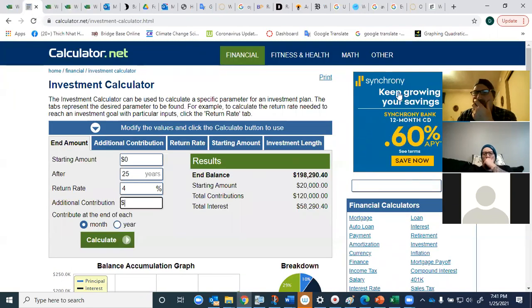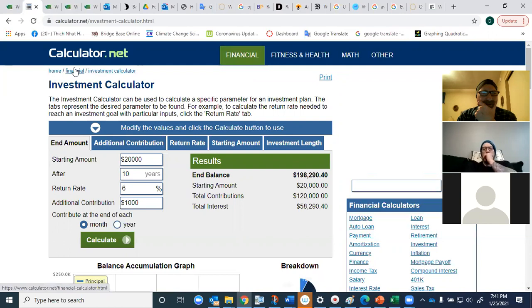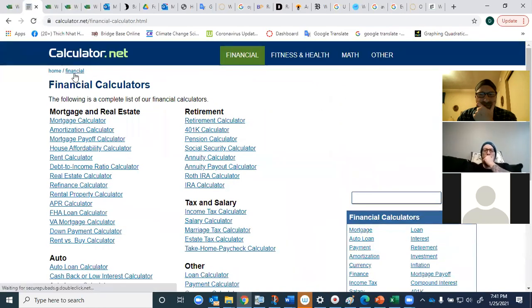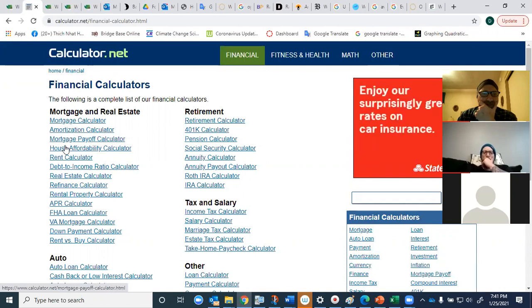Yeah, we don't have that on this one. This calculator is not going to work for that. Okay, it doesn't give us a blank for that one.